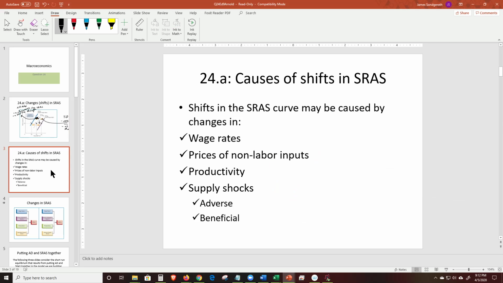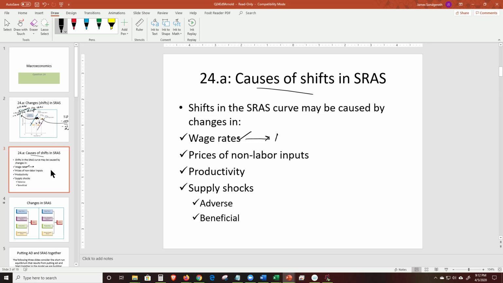So here are the causes of the shifts. Basically, if wage rates change, if they increase, it'll shift it to the left. If it decreases, it'll shift it to the right. And I should say, these wage rates, remember we were talking just in the previous one about changes in real wage rates because of sticky wages or misperceptions of workers.